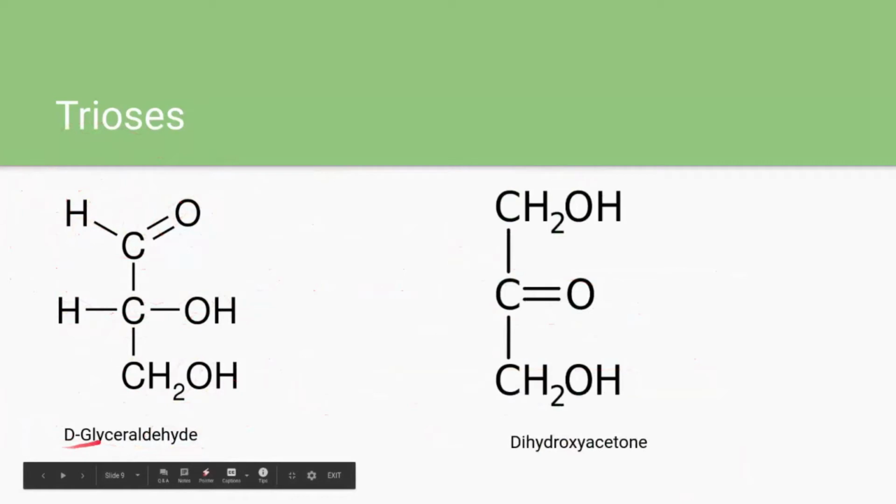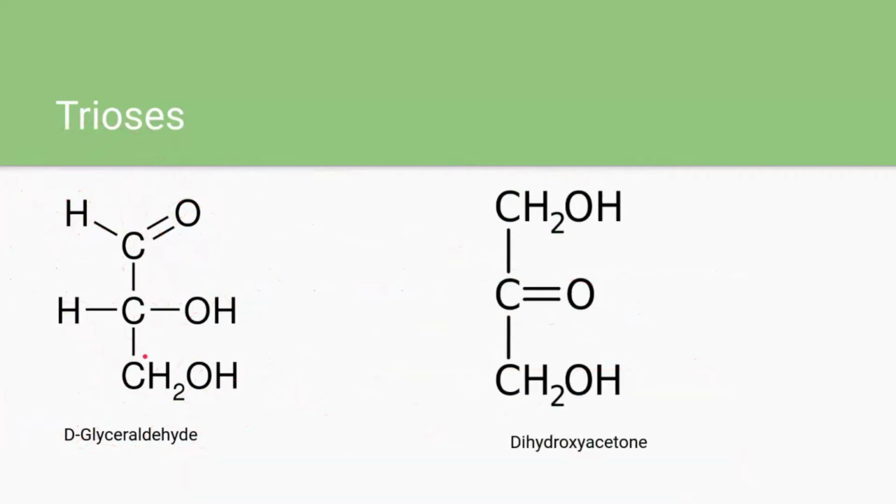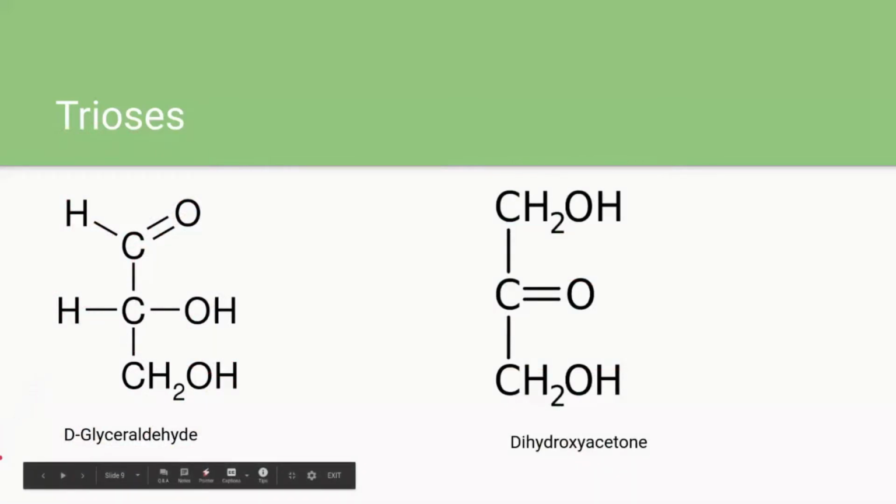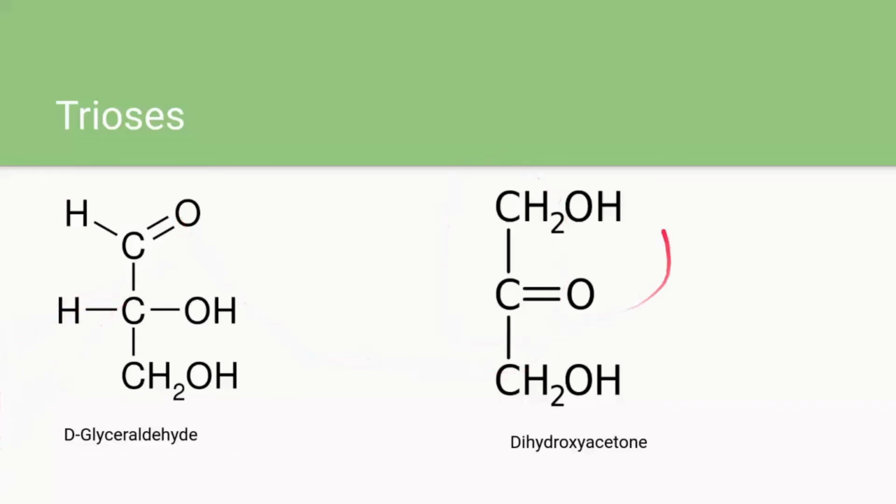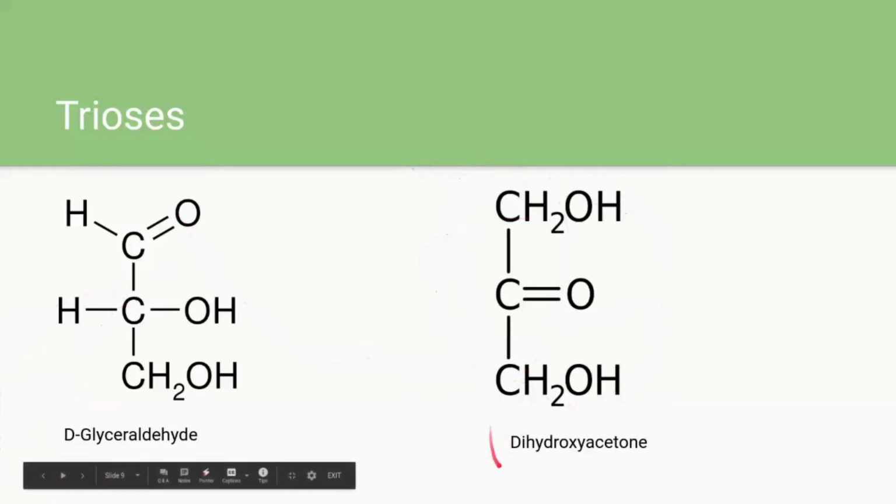And if you're wondering what this D is, D is the optical configuration. It is dextrorotatory. So if you pass polarized light through it, light passing through one plane only, it will rotate the light to the right, whatever the initial direction was. And then you have dihydroxyacetone. The optical configuration is not given here.